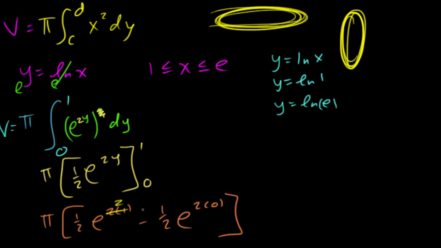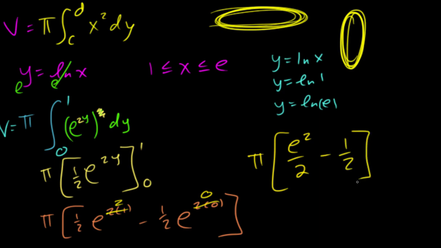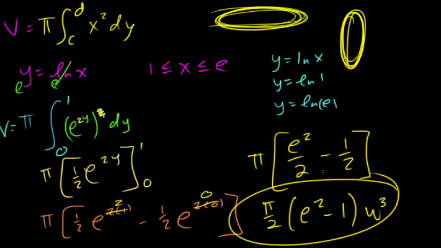Okay, that's just a 2, so it's e squared. So we get e squared over 2. Still got our pi out here. That's just 0. e to the 0 is 1, so minus 1/2. And we can factor out a 1/2, so we can say pi halves, e squared minus 1, units cubed.